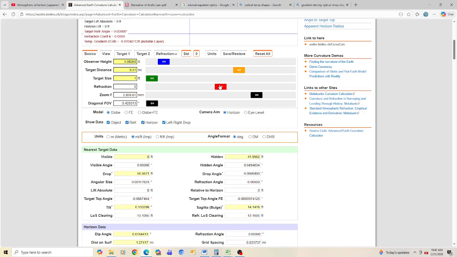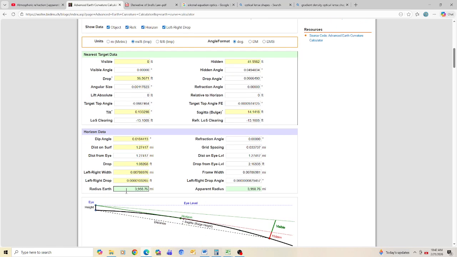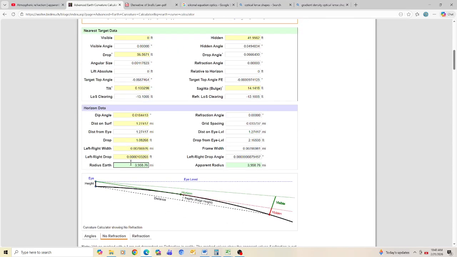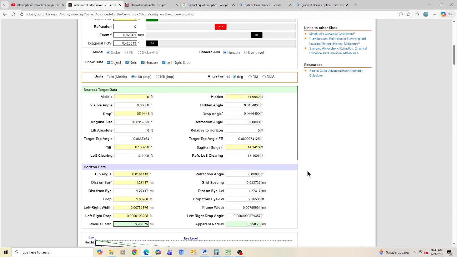Well, the program requires you to change the curvature, the real radius of the Earth, or what they claim the globe to be, the apparent radius. If we're at zero refraction, that is what they're trying to sell.